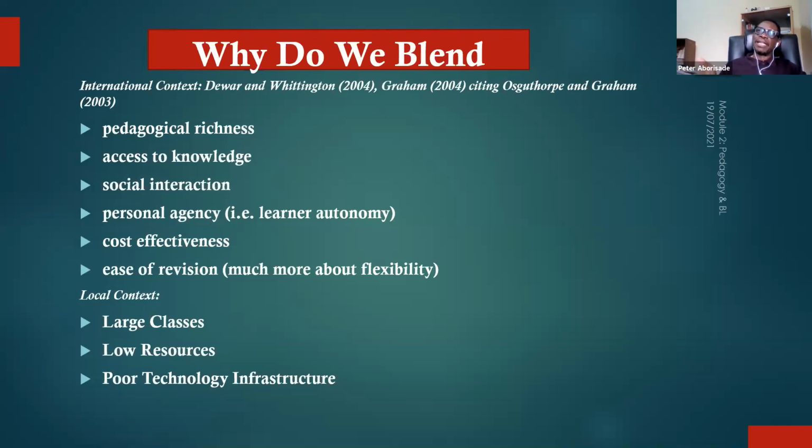With technology and in blended learning, you need a few classrooms. You need a limited amount of facilities. But once you are able to get online and expose your students to online, then you have expanded that classroom that you do not have in brick and mortar.